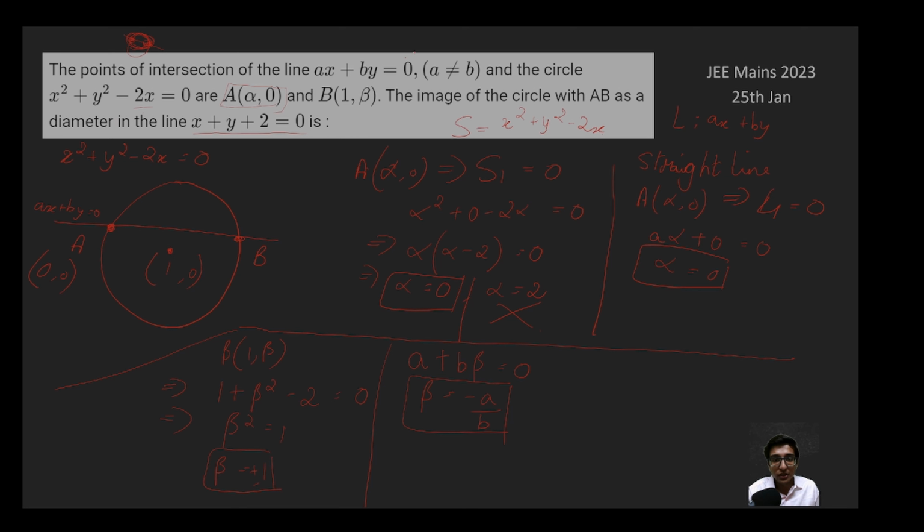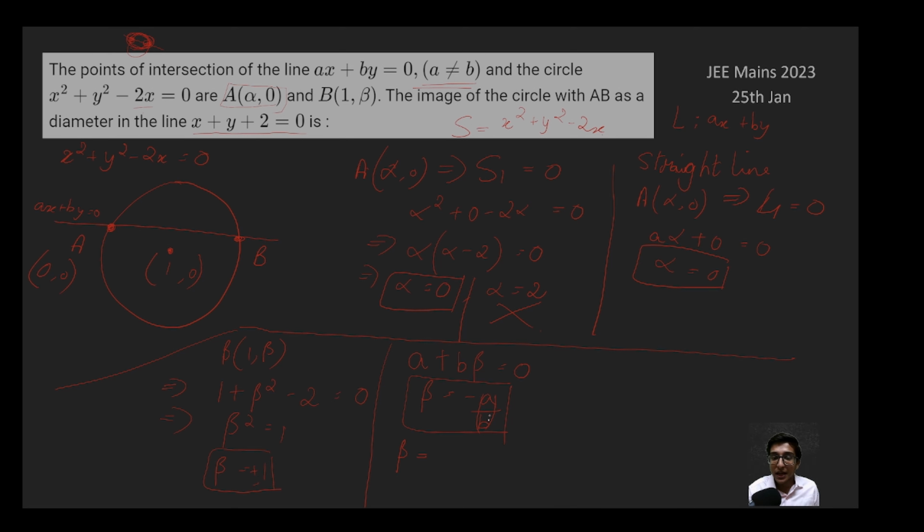Look for information. They have told us that A is not equal to B. That means this value would never cancel out, and if it is never getting cancelled out, that means beta would never be equal to minus 1 or plus 1. If let's say A is equal to B, then A and B would cancel out and we would simply get minus 1 as our beta.